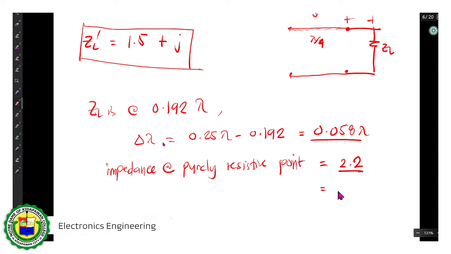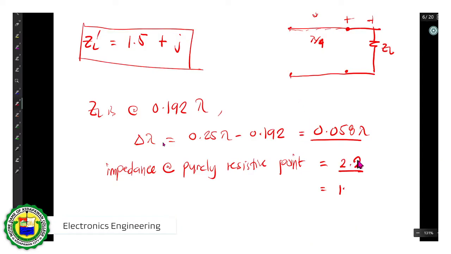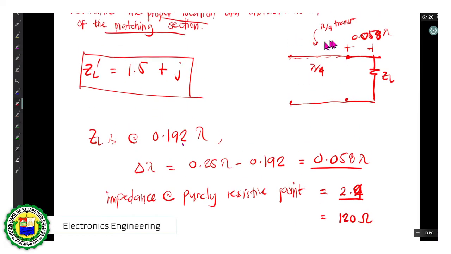Wait, that's supposed to be 2.4. So 2.4 times 50 is 120. So we'll have 120 ohms at that particular point where we would insert our quarter wave transformer.